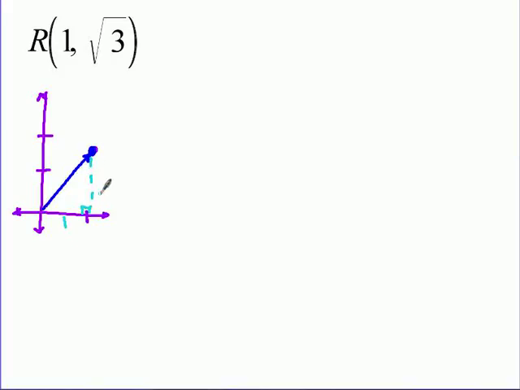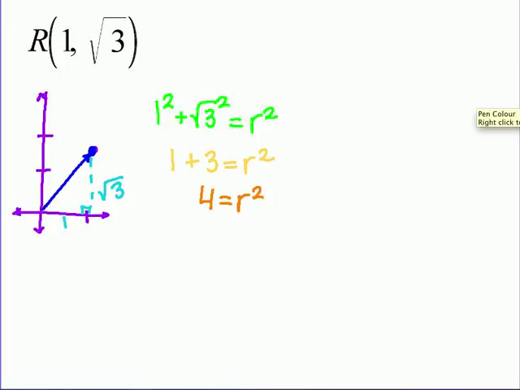So I have 1, and then I have root 3. So I need to find the hypotenuse. So I'm going to take 1 squared plus root 3 squared equals r squared. So I have 1 plus 3. What's 1 and 3? 4. So r equals what? 2.